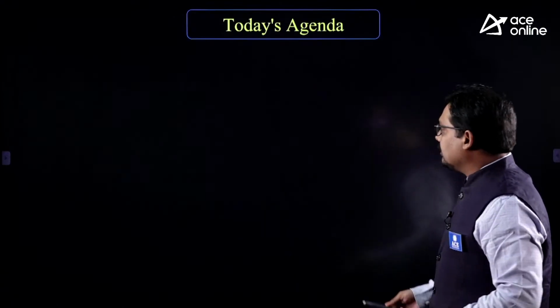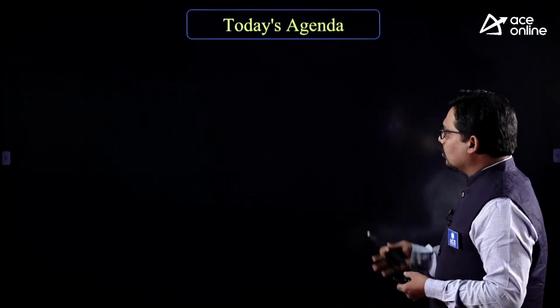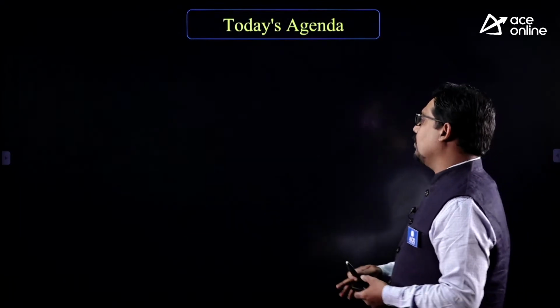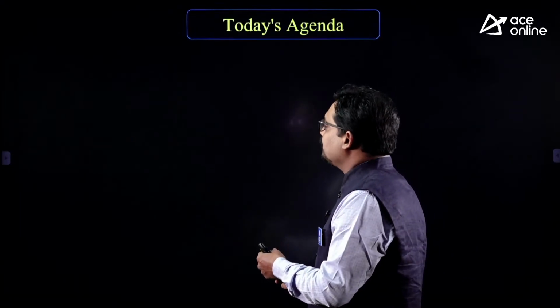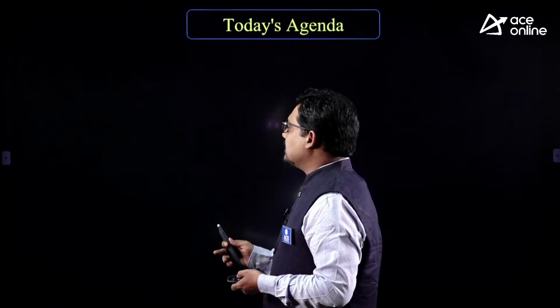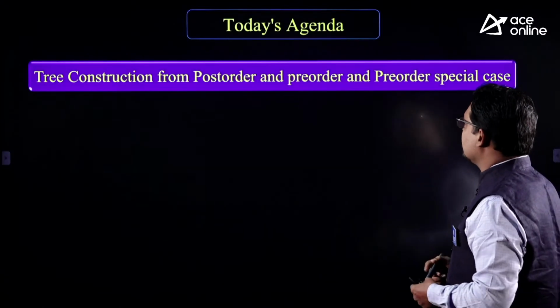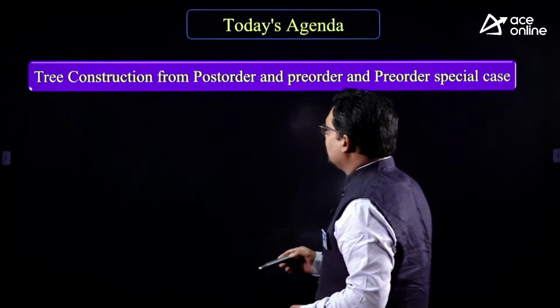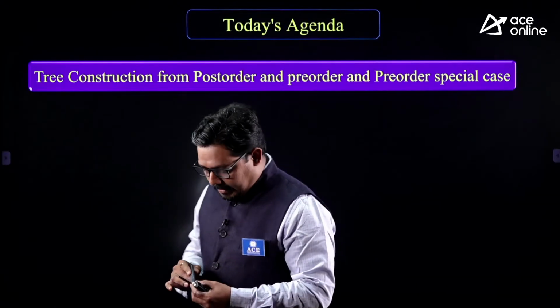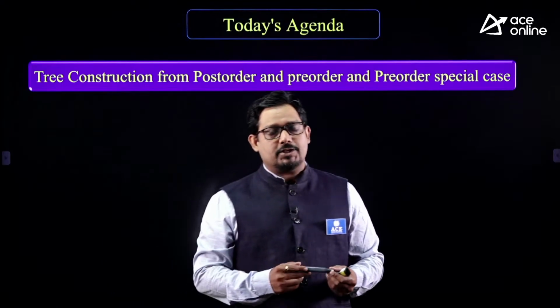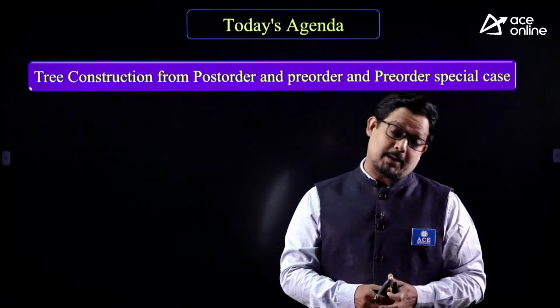So the agenda I have thought of is a few concepts I can explain to you from different topics. The first thing I am going to discuss is the construction of a tree by using post-order and pre-order.